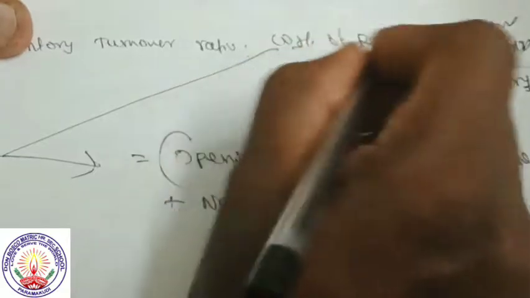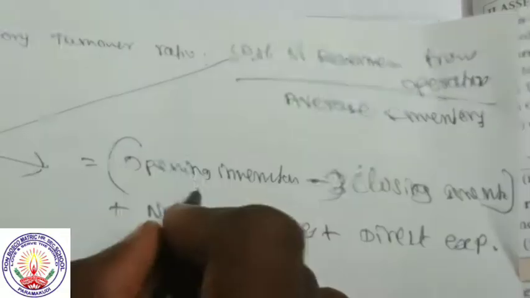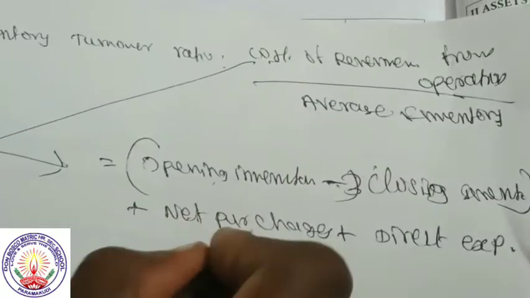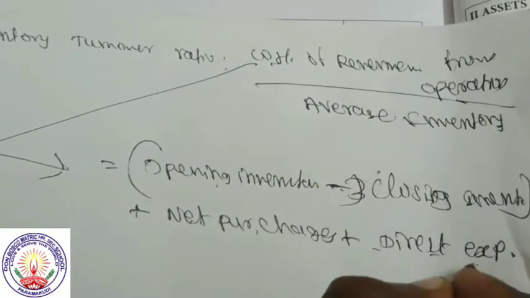This is the cost of revenue from operation: opening inventory minus closing inventory, add net purchase, add direct expense.